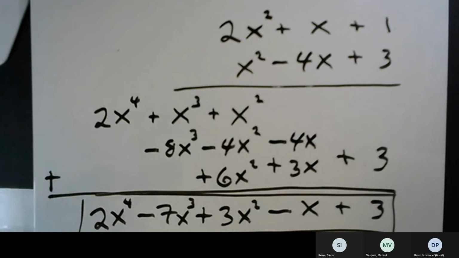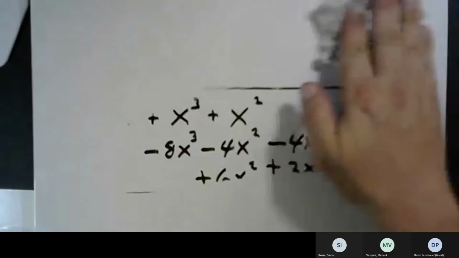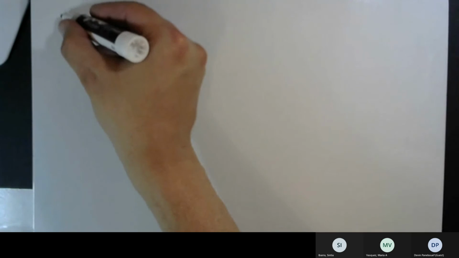Now, there are other shortcuts, and you don't have to use these shortcuts, but you can use them. And the first one is the square of a binomial.